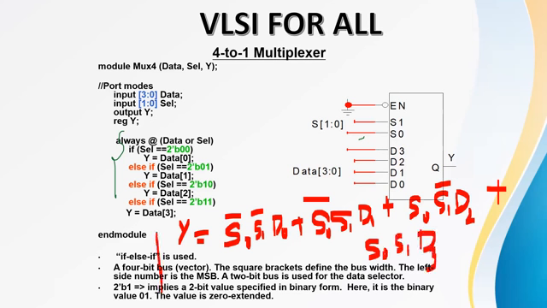This is the output that we get from the truth table.